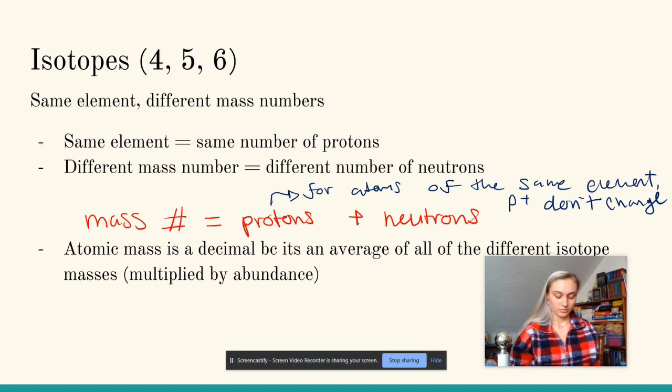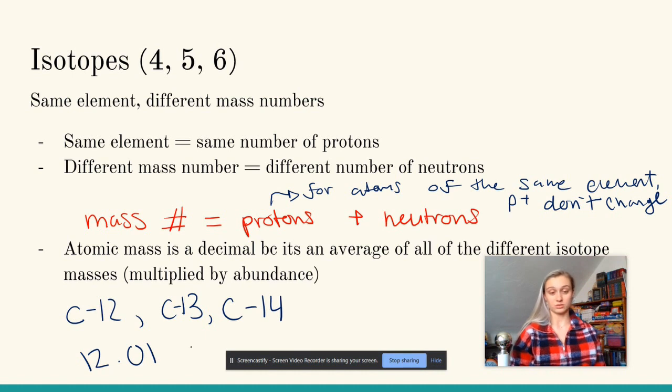So for example, if you have carbon 12, carbon 13, carbon 14, I think that's the atomic mass of carbon. And the reason why it's 12.01 and not just straight 12, or 13, or 14 is because the atomic mass, different from the mass number, is an average, okay?